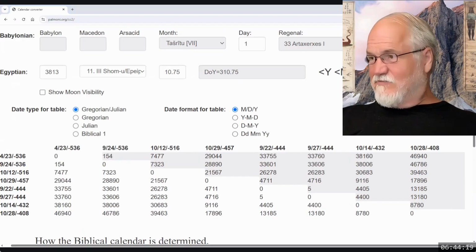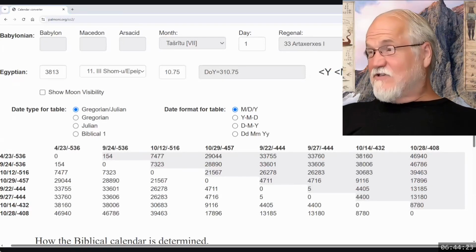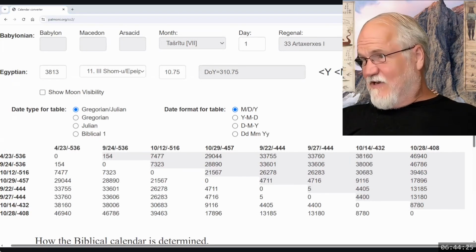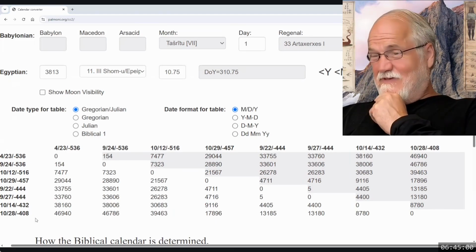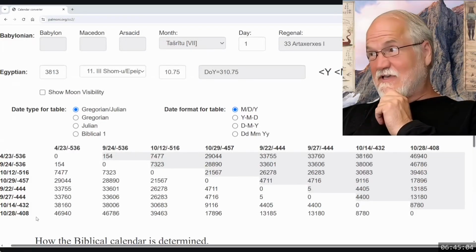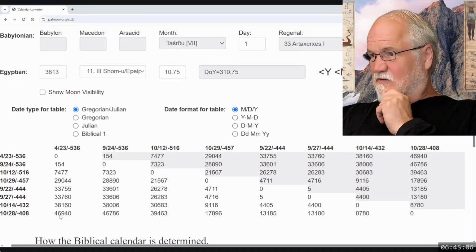Okay, so that's what I wanted to illustrate. Now, is there any significance in 8,780? Remember, we're going from the 10th day of the 7th month here to the first day of the 7th month, so it's not an equal number of months, like lunar months.